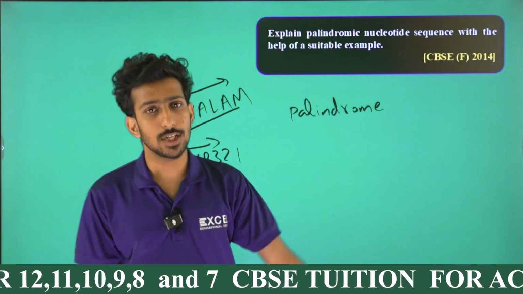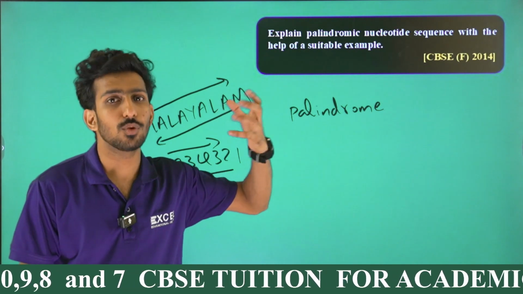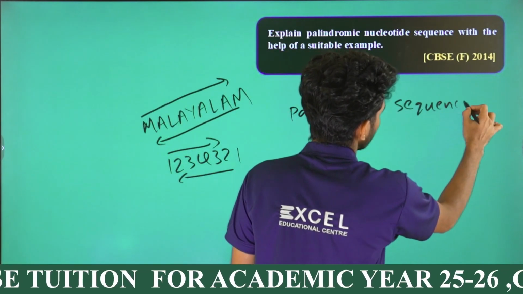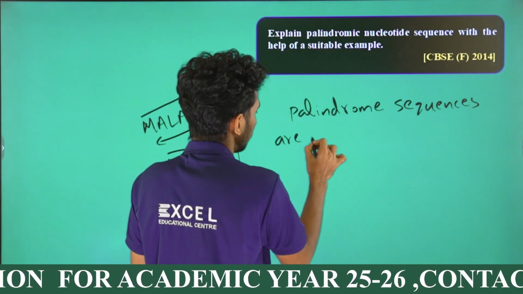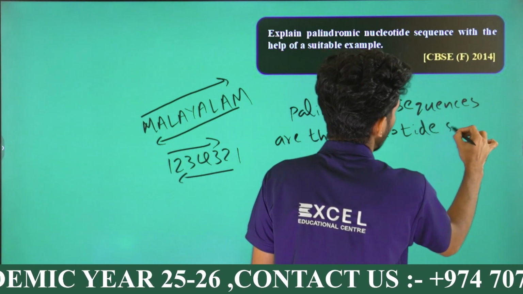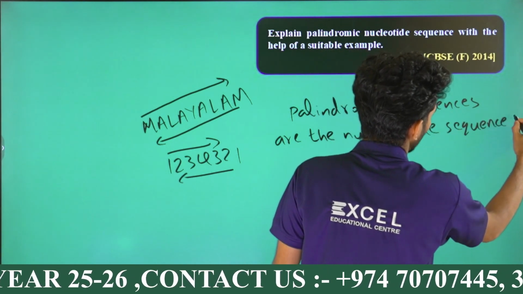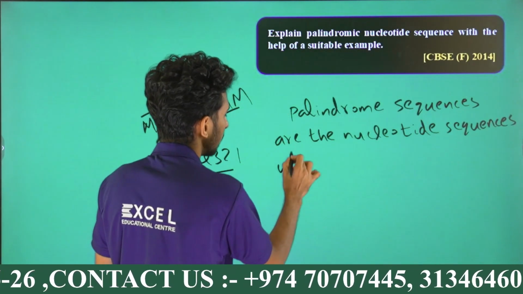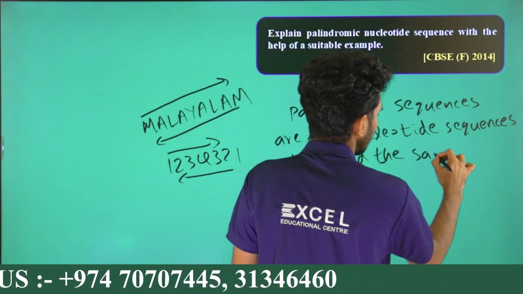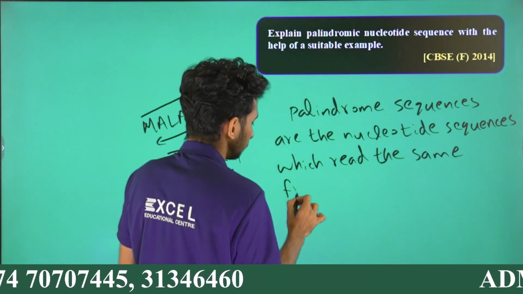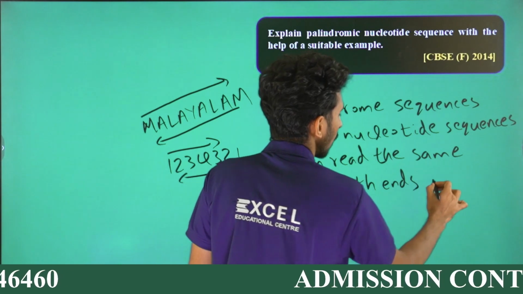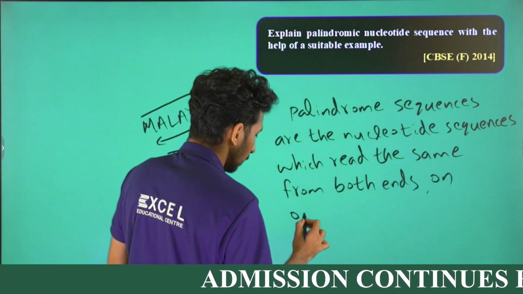But palindrome sequences are in the case of nucleotides. Palindrome sequences are nucleotide sequences which read the same from both ends on opposite strands.